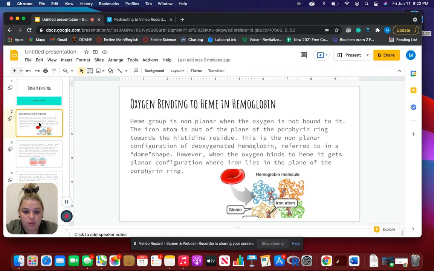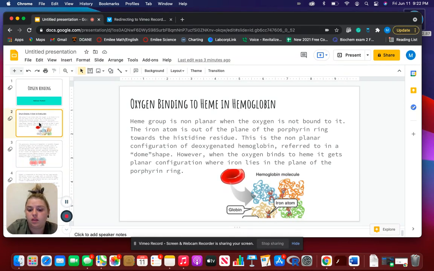The iron atom is out of the plane of the porphyrin ring towards the histidine residue. This is the non-planar configuration of deoxygenated hemoglobin, referred to as a domed shape. However, when the oxygen binds to heme, it gets a planar configuration where the iron lies in the plane of the porphyrin ring.